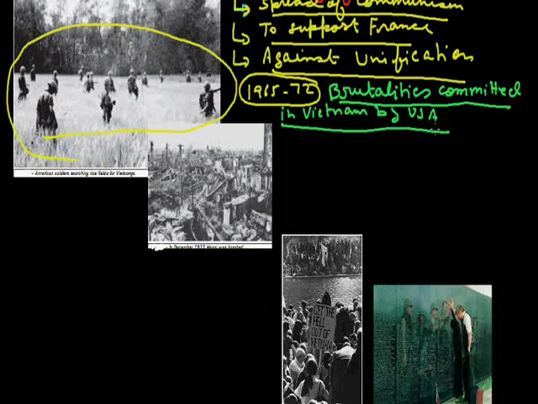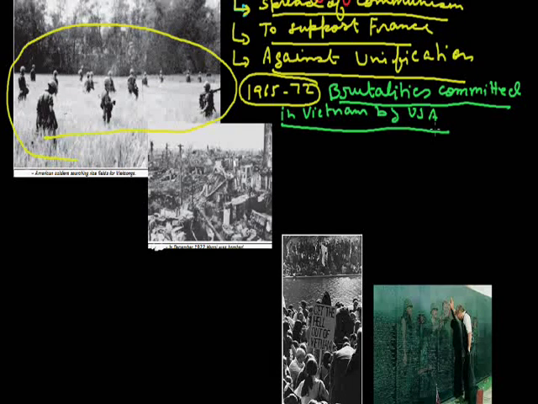Now the brutalities committed in Vietnam by America, which itself claims to be a leader of democracy whose work is to spread democracy in the whole world. America is a country that gives shelter to all democratic countries and also gives security and safeguards to human rights.